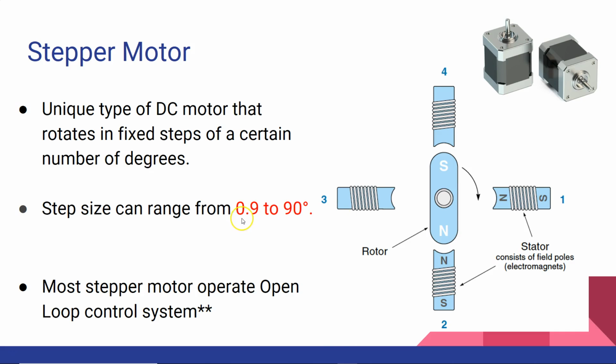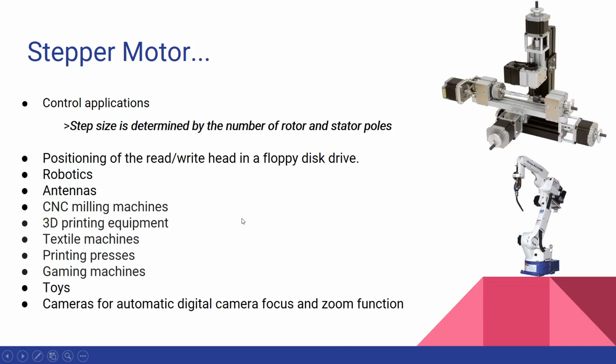Now next we are going to see the applications of stepper motors. Before we see the applications, we need to understand that these stepper motors cannot run at high speeds, but they do have a high holding torque.